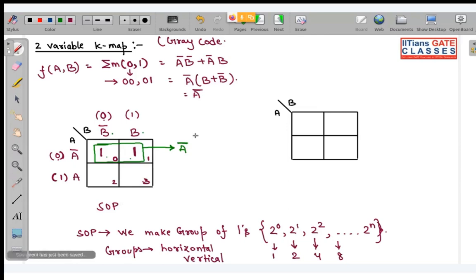Okay, is this clear? Tell me up to this point. If it is clear, very quickly note down whatever I have said. Then I will be moving on to the next concept.